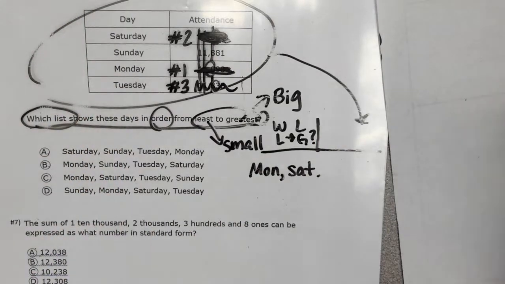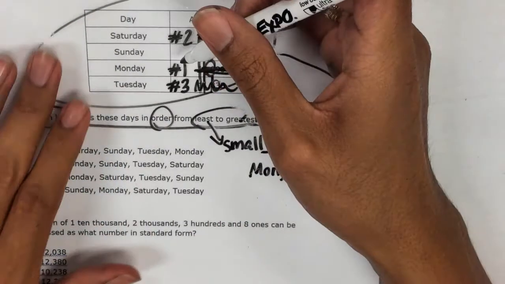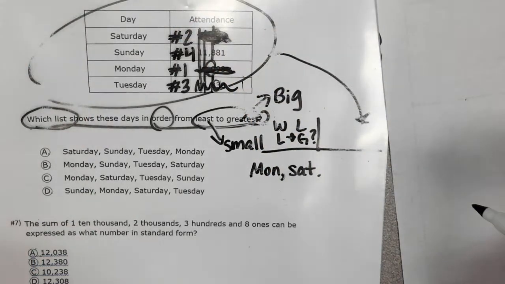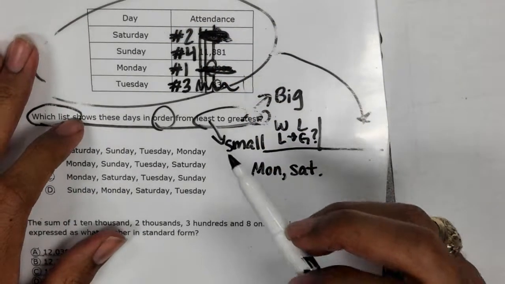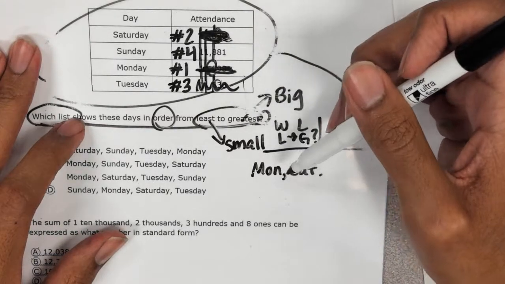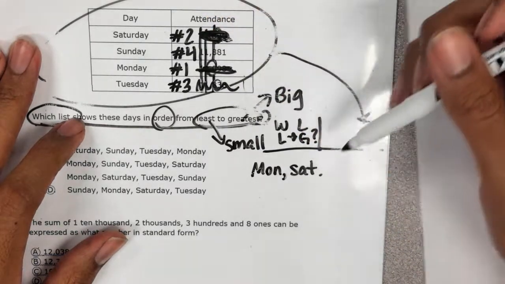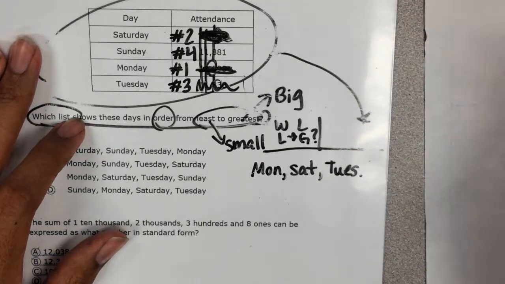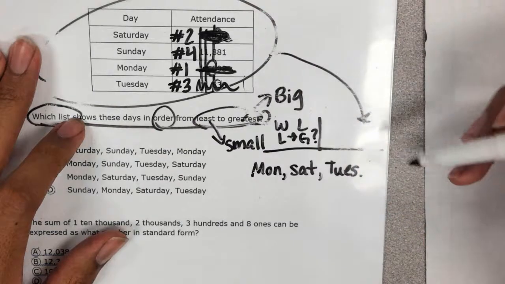And if that's the 3rd smallest number, then that means that Sunday is my biggest number. So I'm going to write number 4. So Monday was my number 1, Saturday was my number 2, Tuesday is my number 3, so that needs to go next. And then my number 4 is Sunday.